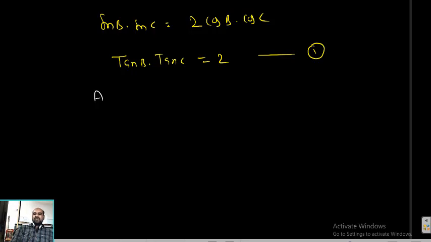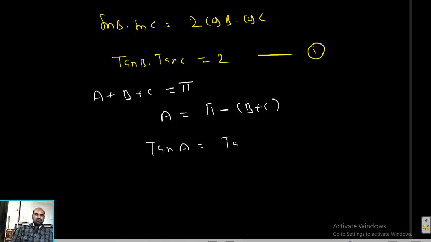Okay. A plus B plus C equals pi. A in terms of B and C I want. So what I can say, tan A equals tan of pi minus (B plus C).